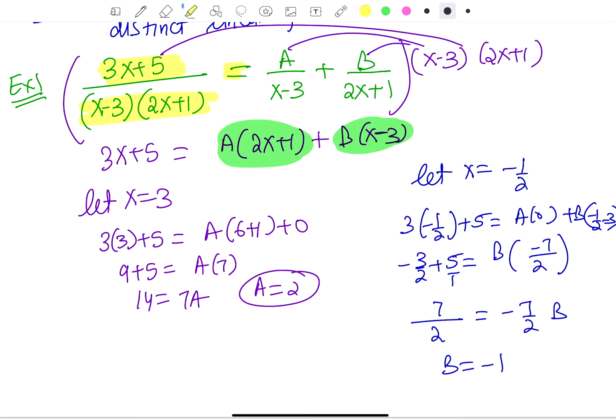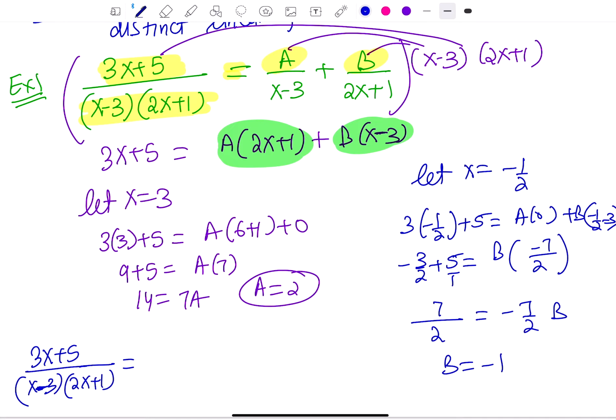Now we're going to replace the A and B by what we just found. So 3x plus 5 over x minus 3 times 2x plus 1 is equal to, don't mix the positions of A and B, that would not give you the same fraction.